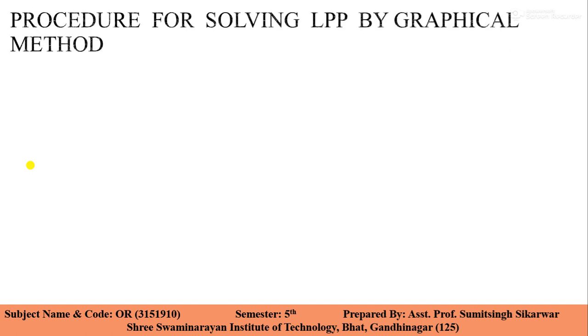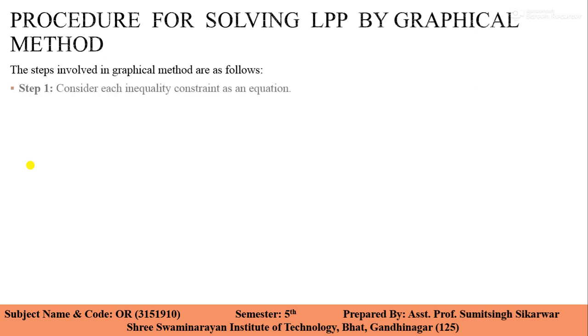So let us continue with procedure for solving the linear programming by graphical method. The steps involved in the graphical method are as follows. In first step, we will consider each inequality constraint as an equation. That means all the equations which are given in inequality form, we have to consider them as equation.